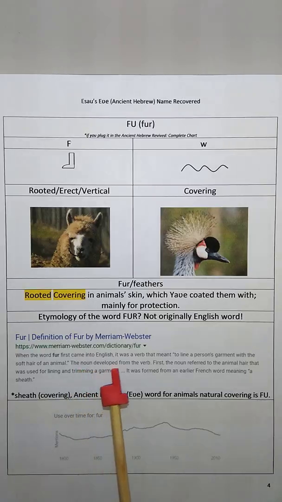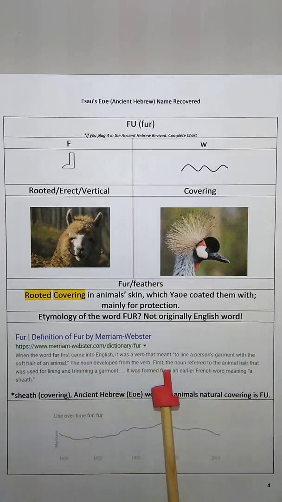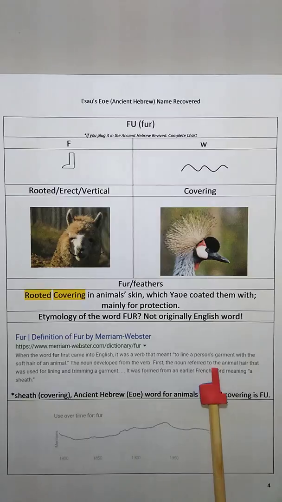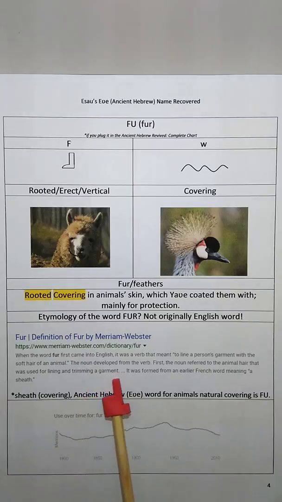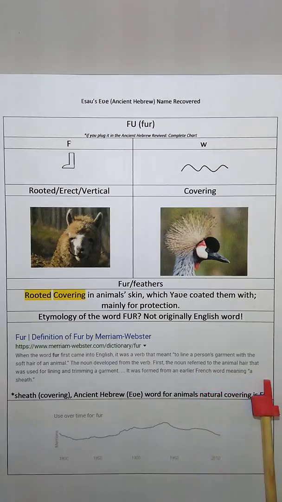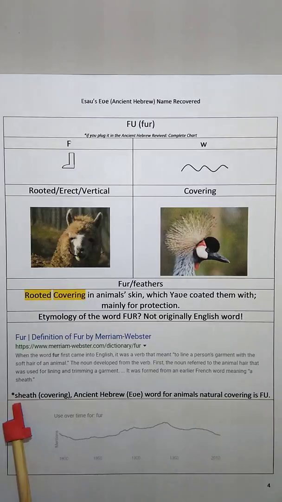The noun developed from the verb first. The noun referred to the animal hair that was used for lining and trimming a garment. It was formed from an earlier French word meaning a sheath. And if you look at the word sheath, it means a covering.